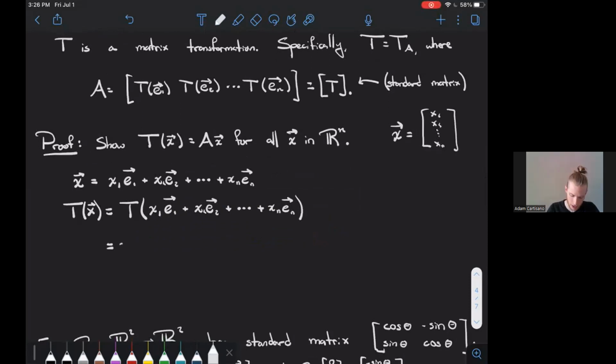So I can write this as x1 T of e1 plus x2 T of e2, and so on up to xn T of en.